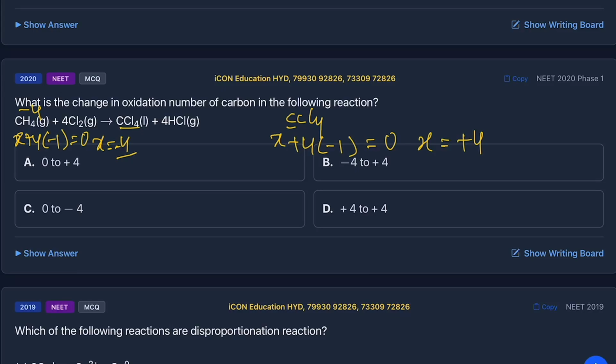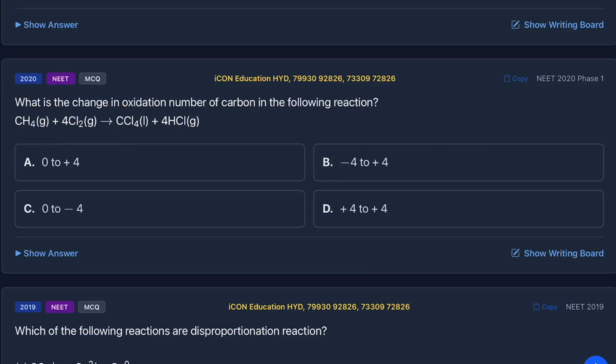The oxidation number of carbon in the reaction is changing from minus 4 to plus 4. So we check the options: option B, minus 4 to plus 4. The carbon oxidation state changes from minus 4 to plus 4 in option B, so option B is right.